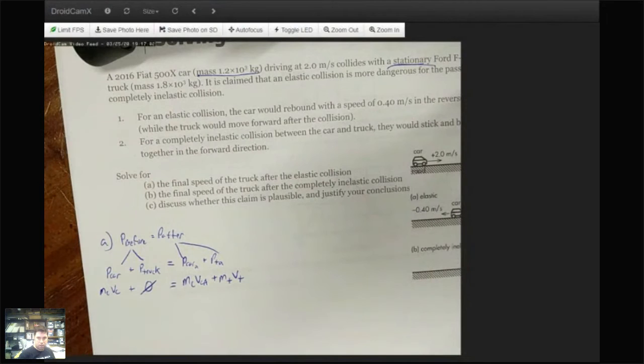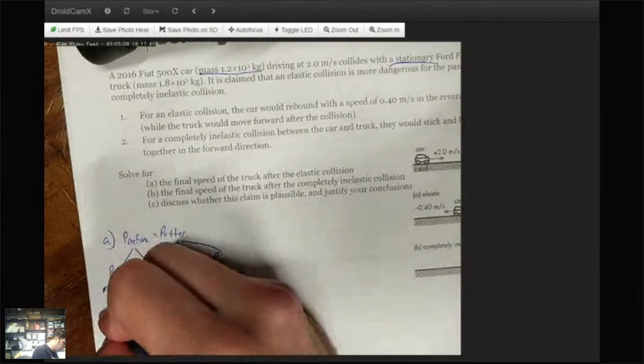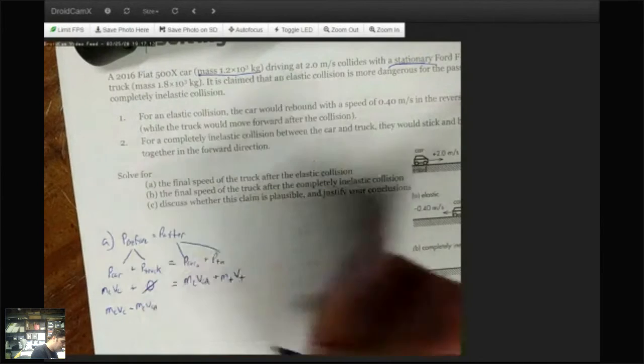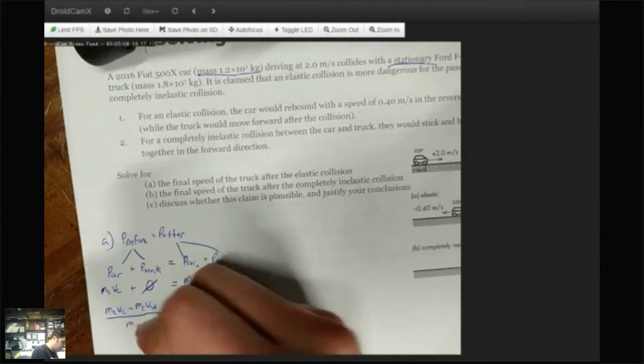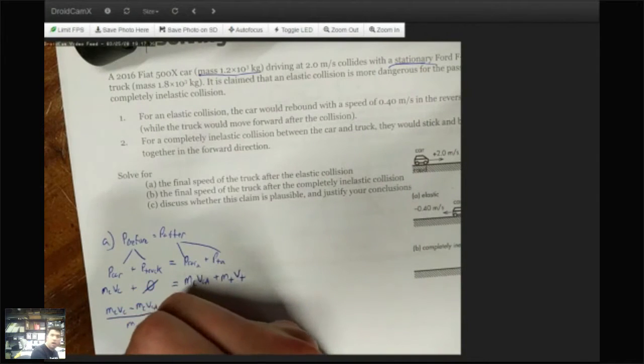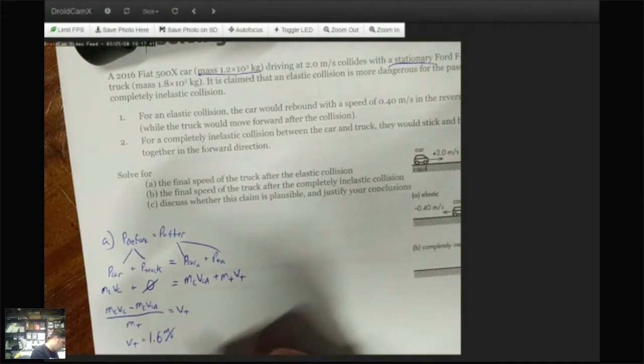All right. So let's go through a little bit of algebra. M_C V_C minus M_C V_CA, all divided by M_T, equals V_T. Okay, so subtract this term over, divide by the mass, and we're left with our expression. Now here's the point where I would go and actually plug in numbers. And we will end up with a velocity for the truck of 1.6 meters per second.